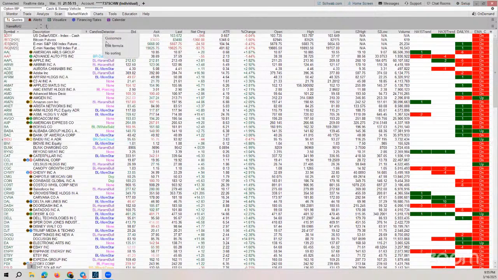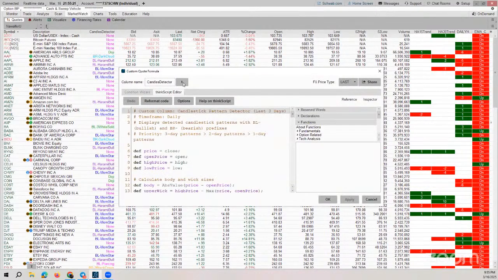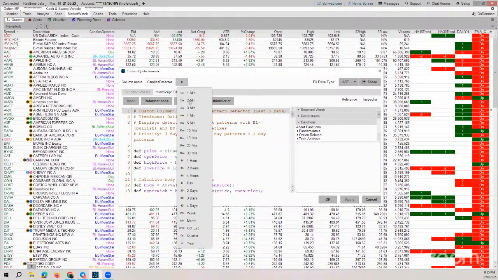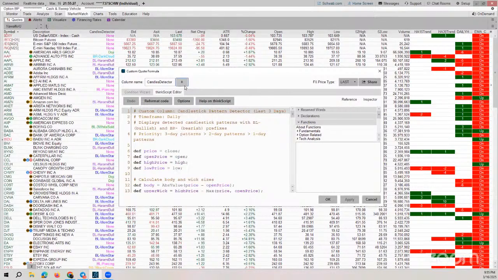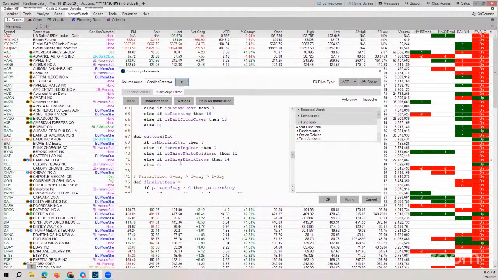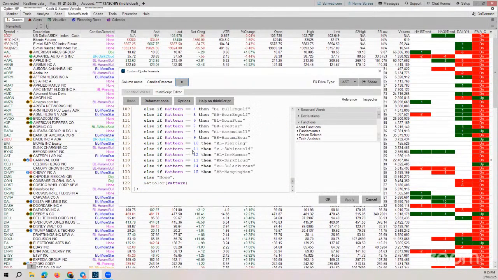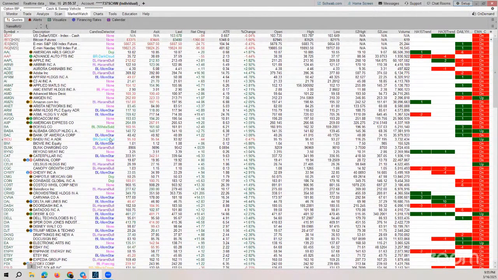Once the column is there, you can click on edit formula. It will open the screen. You can choose your time frame, from 1 minute to 1 year. I usually do that on the daily basis. So this is the calendar. You can pick up and paste all the logic, and you will have a custom column right there.